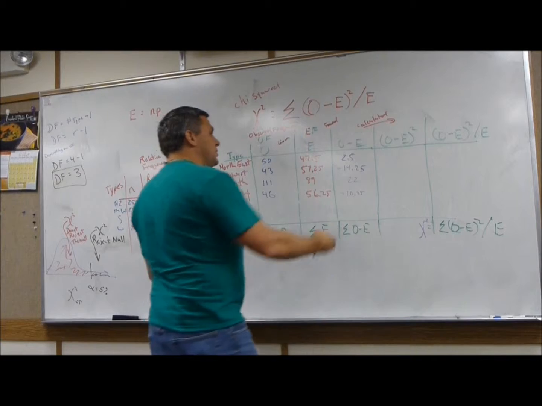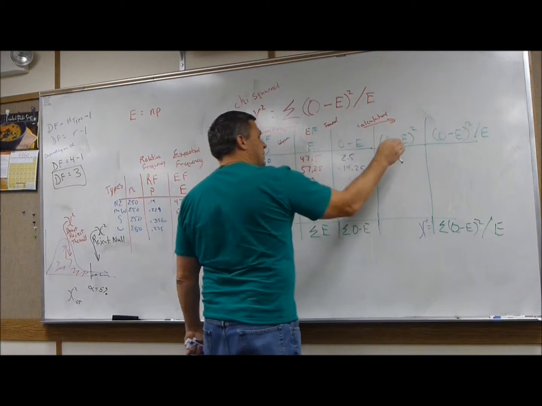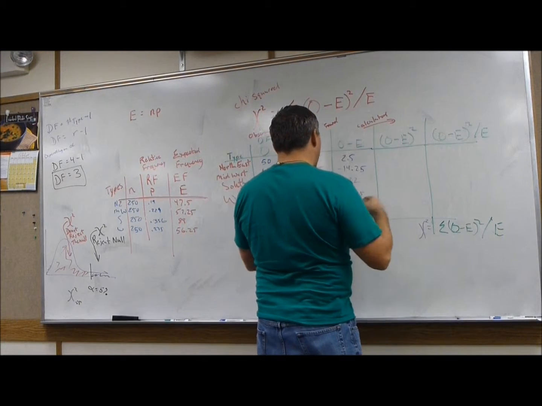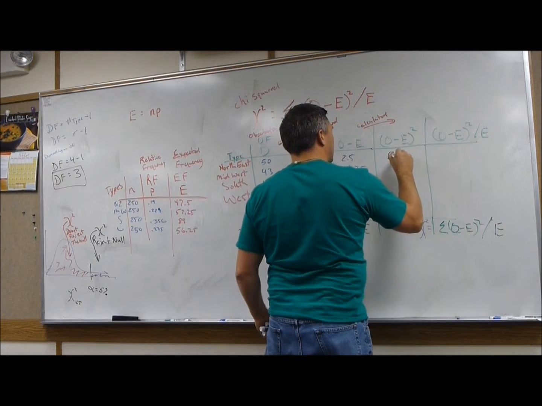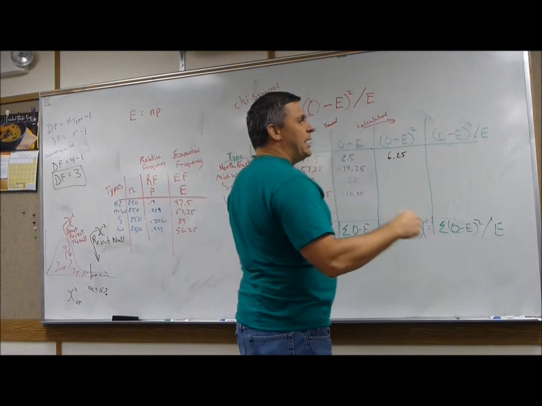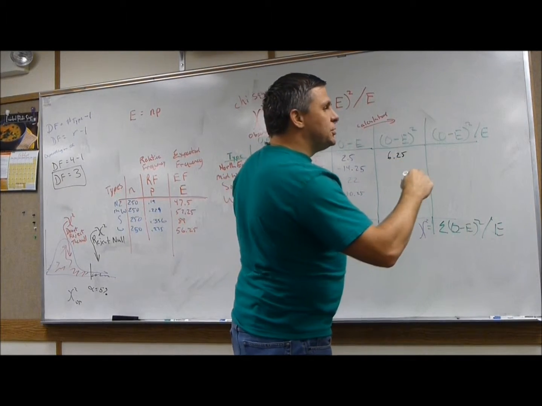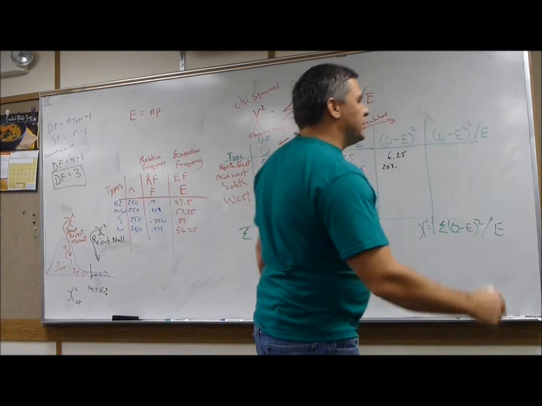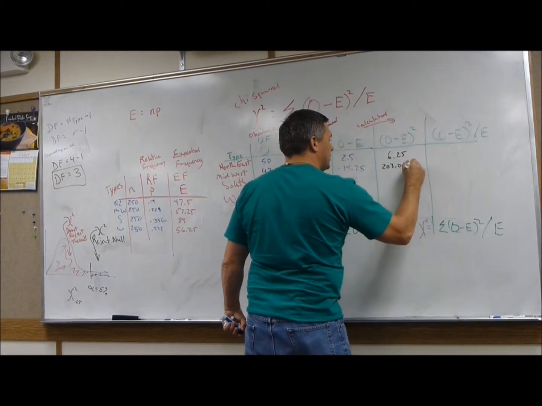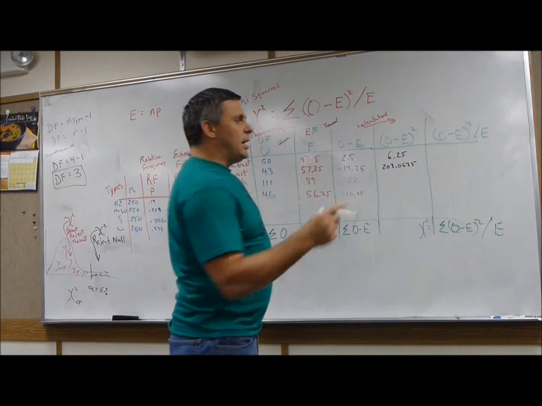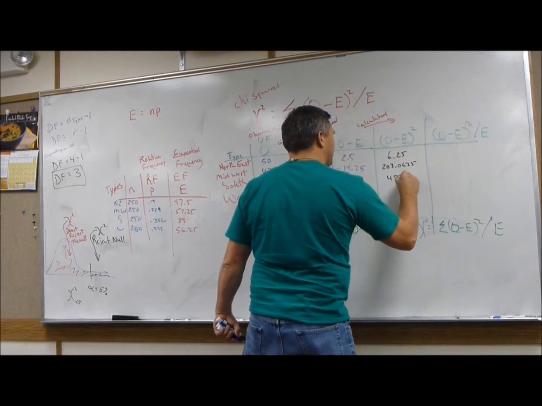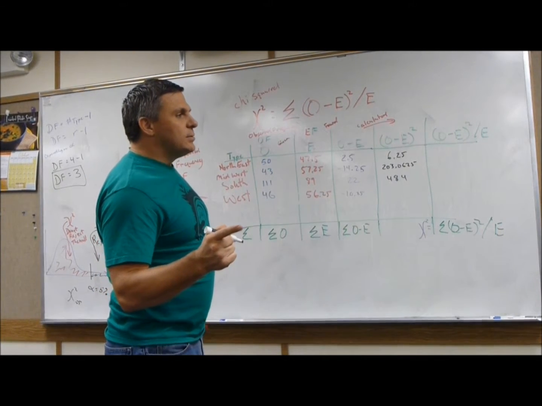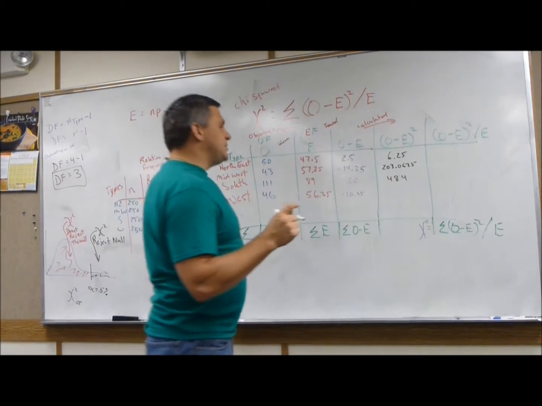Then we square each of these to get 6.25, 203.0625, 484, and 105.0625.